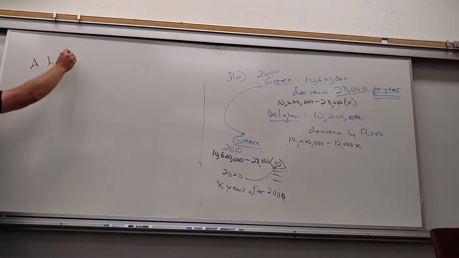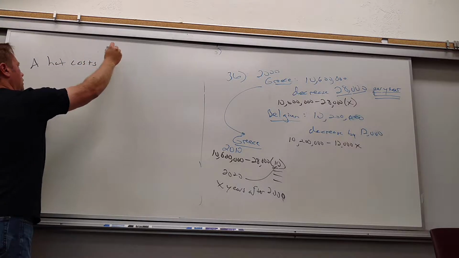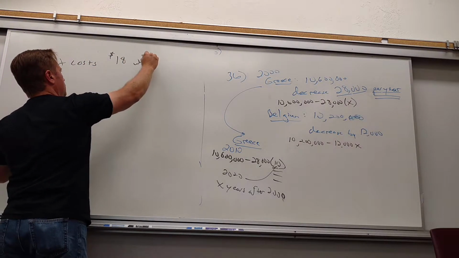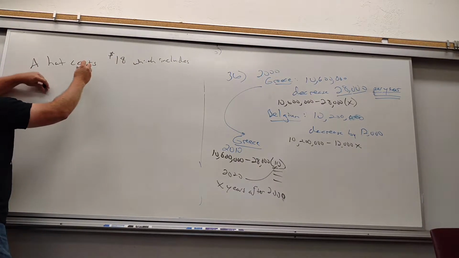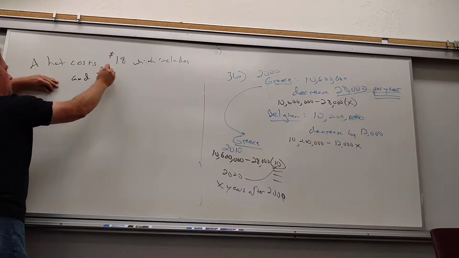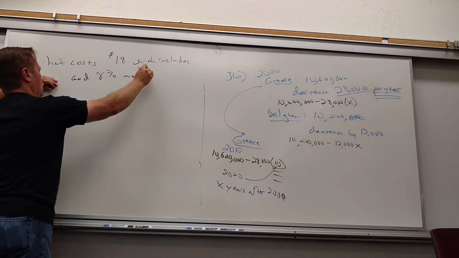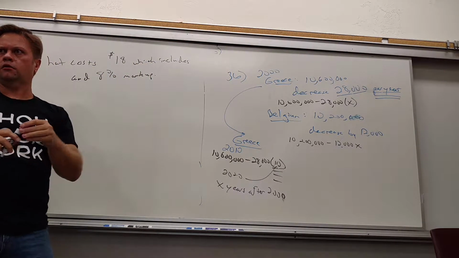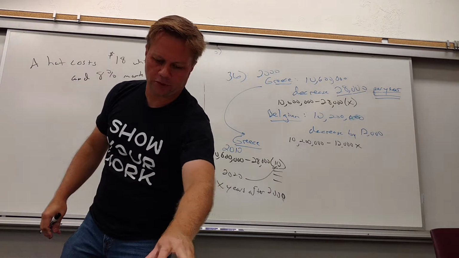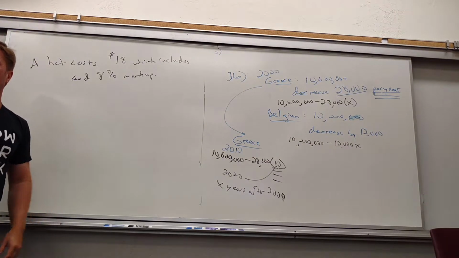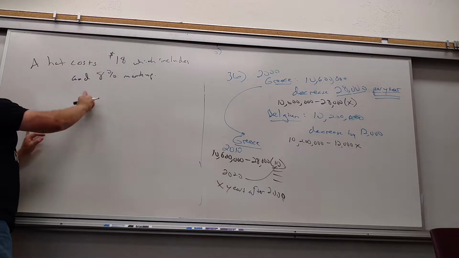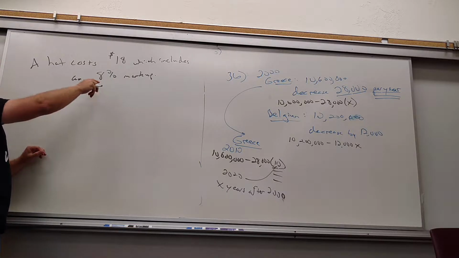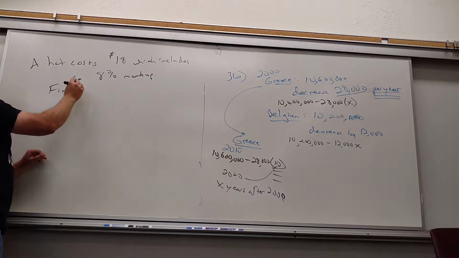I said a hat costs $18, which includes an 8% markup. What was the cost before the markup? Same exact problem. A hat costs $18, which includes an 8% markup. Find the cost before the markup.